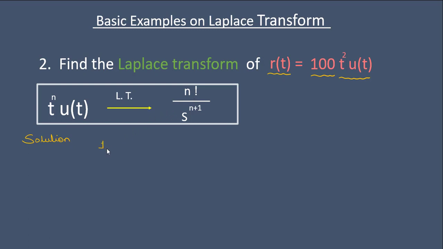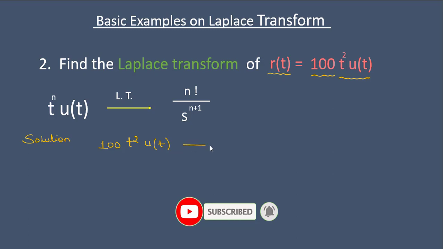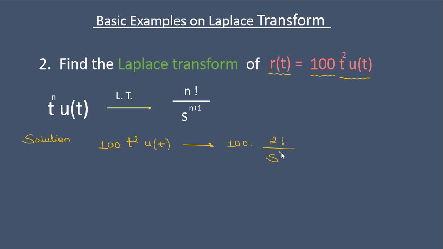So I can write 100 t square u of t, and its Laplace transform will be 100 as it is, from the linearity property, times the Laplace transform of t square u of t, which is 2 factorial upon s raised to 2 plus 1.